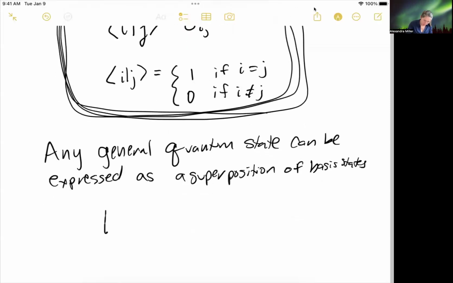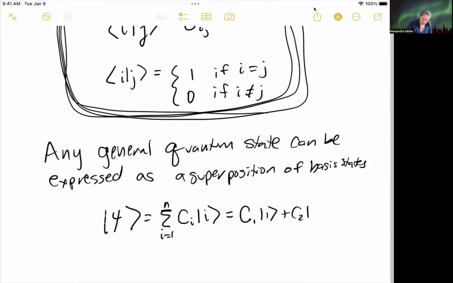So our general physical state psi can be written as a sum from i equals 1 to n, the dimensionality of our Hilbert space, of some coefficients times the basis vectors. So this says c1 times |1> plus c2 times |2> plus dot, dot, dot, cn times |n>.